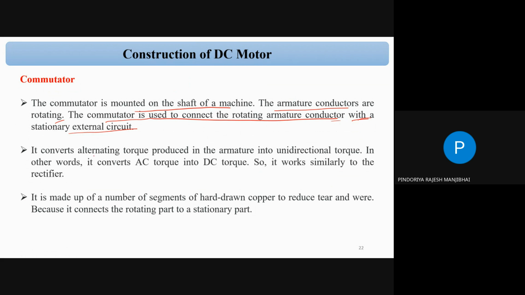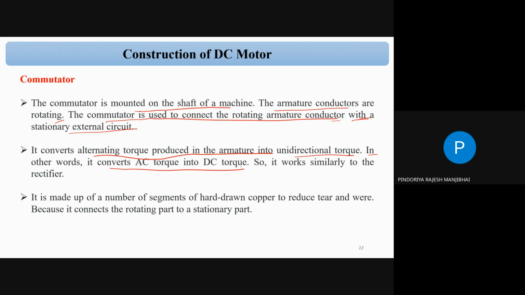It converts the alternating torque produced in the armature into unidirectional torque. So we can say it is a converter. The commutator is nothing but a mechanical converter. In other words, it converts AC torque into DC torque.